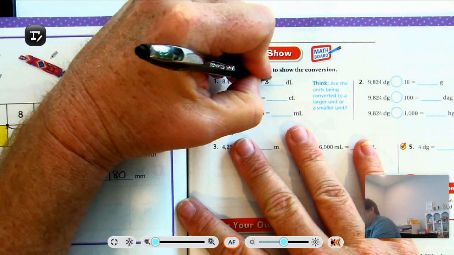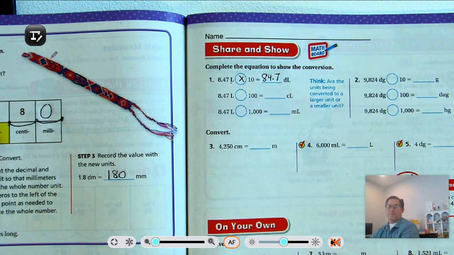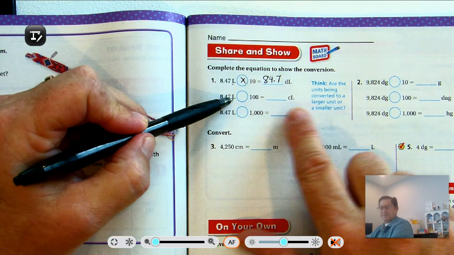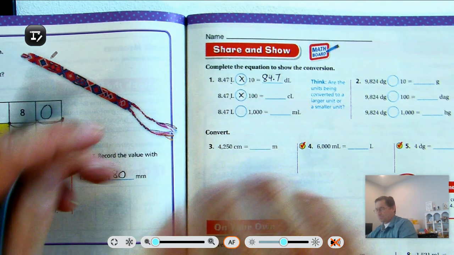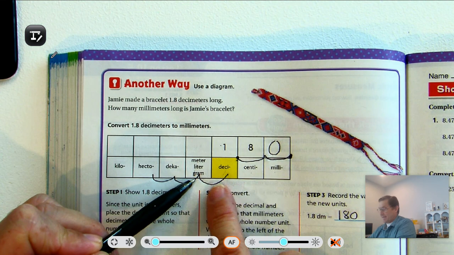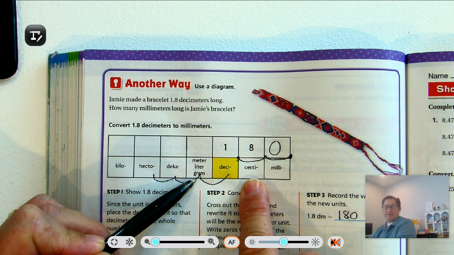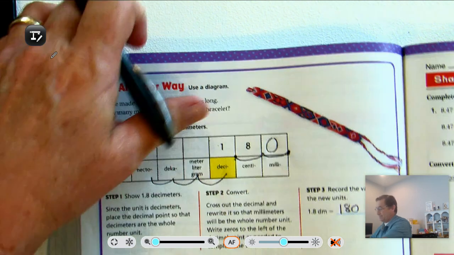So 84.7. To go from liters to centiliters, we're going to multiply by 100, because centiliters are 100 times smaller than a liter.